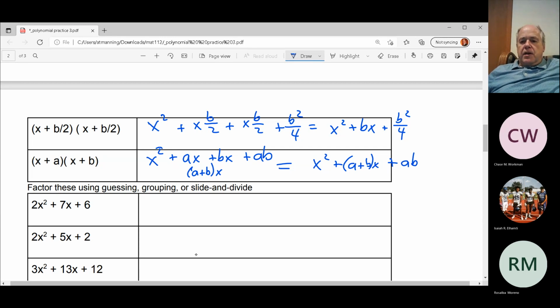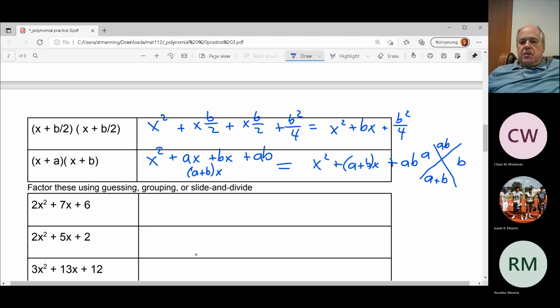Well, guess what? Whenever I see this format, we remember our little, hey, how do I solve this? I'm looking for two numbers that, when multiplied, give me ab. There's ab multiplied. And when added together, give me this number. Well, I know that my two numbers are a and b. Multiplied, I get ab.